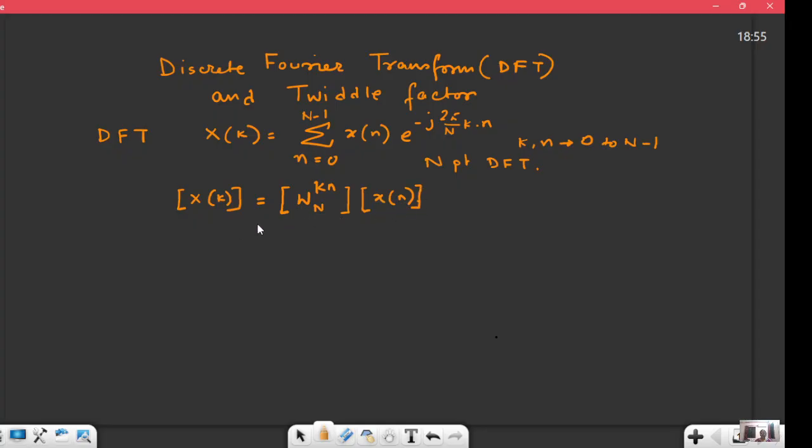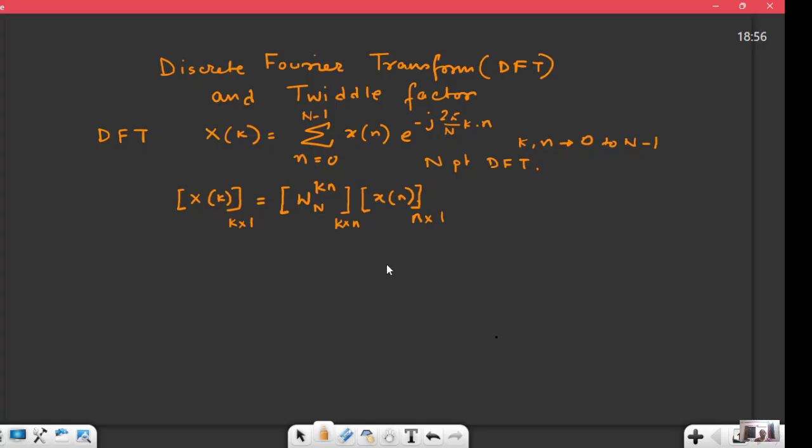The shape of this matrix is K cross N. It has K rows and N columns. The input matrix x of n is N cross 1. So the output becomes K cross 1 shape.